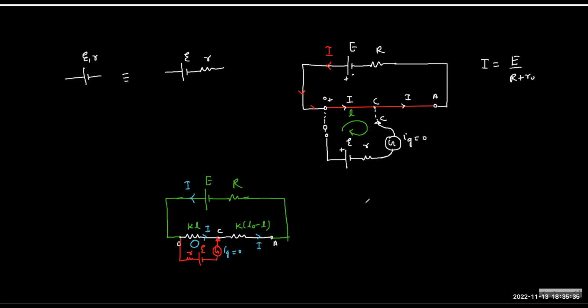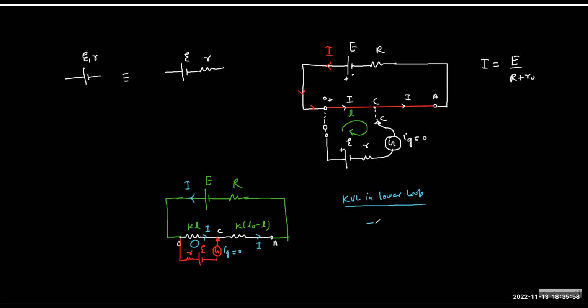So how to write the answer? When you write KVL, you can start from O to C. So O to C potential will decrease. How much? Minus IR. What is R here?